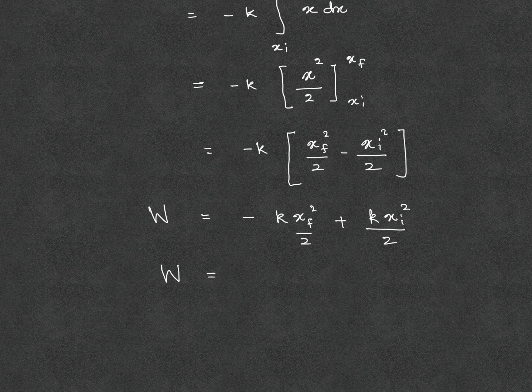So work equals, if you rearrange it in such a way that the negative comes to the middle, 1/2 kxi square minus 1/2 kxf square, and that is our work equation for a variable force.